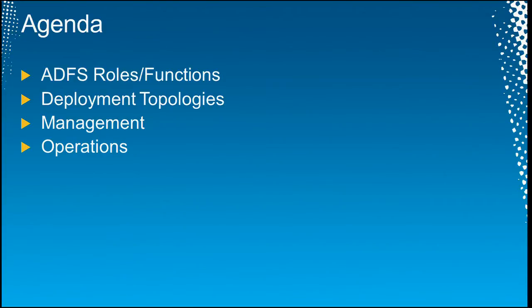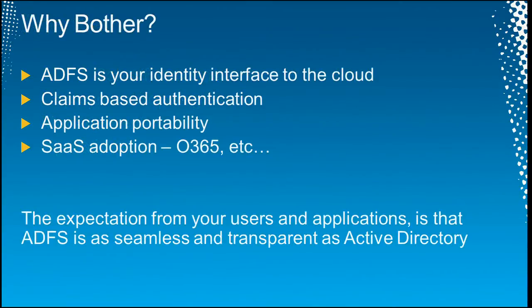Then we'll talk about what a high availability deployment topology looks like, how it's going to work, and some of the tweaks and considerations that you need to make whenever you're looking at deploying ADFS in this configuration. Then we'll look at some of the security management operations, best practices, things like that, as we deep dive into ADFS from the server level, the service level, the topology level, to make sure that we can deploy ADFS in a high availability setting.